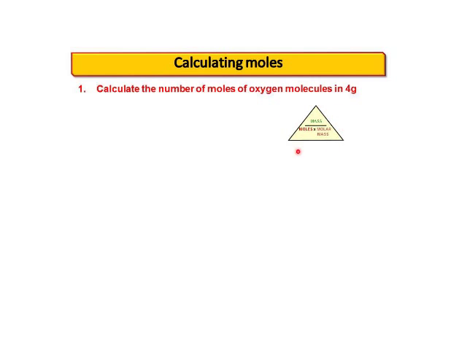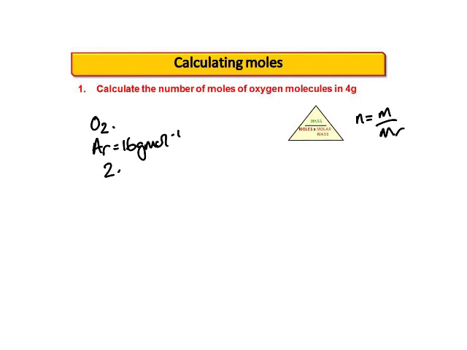So we can use this relationship to work out some calculations of the number of moles. This basically equates to N equals M over Mr, and the question given here is: calculate the number of moles of oxygen molecules in 4 grams. Now, we know that oxygen molecules exist as O2, and that each oxygen, from the periodic table, has a relative atomic mass of 16 grams per mole.